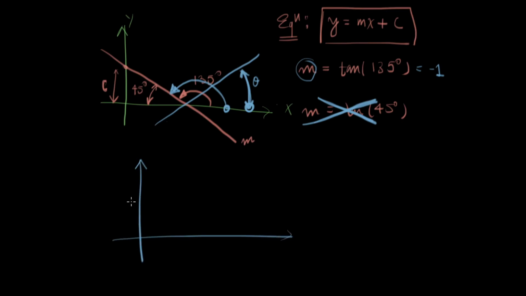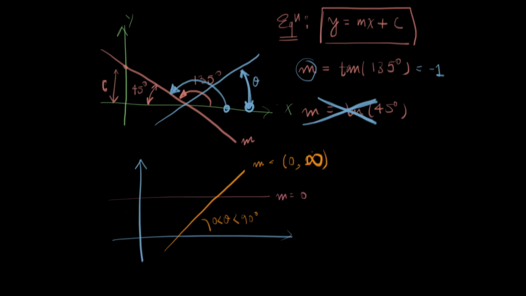if the line is horizontal at this point, let's say this, then the slope is 0. If the line is something like this, where the angle theta is somewhere between 0 to 90 degrees, the slope is between 0 and infinity, sorry.